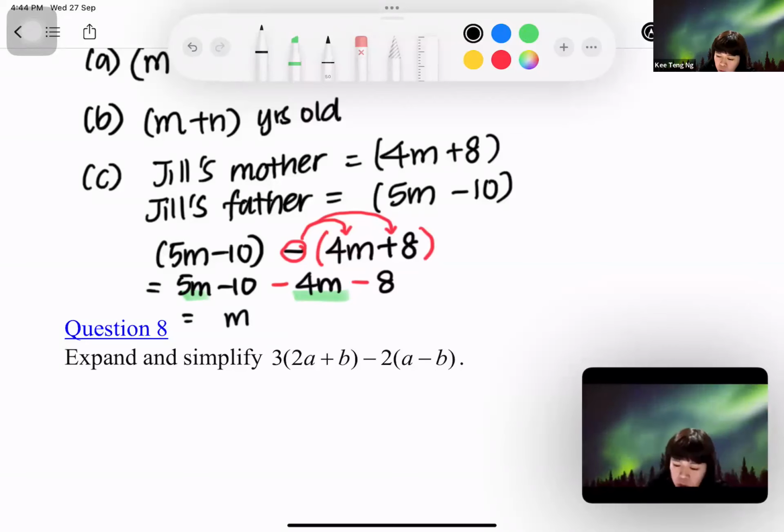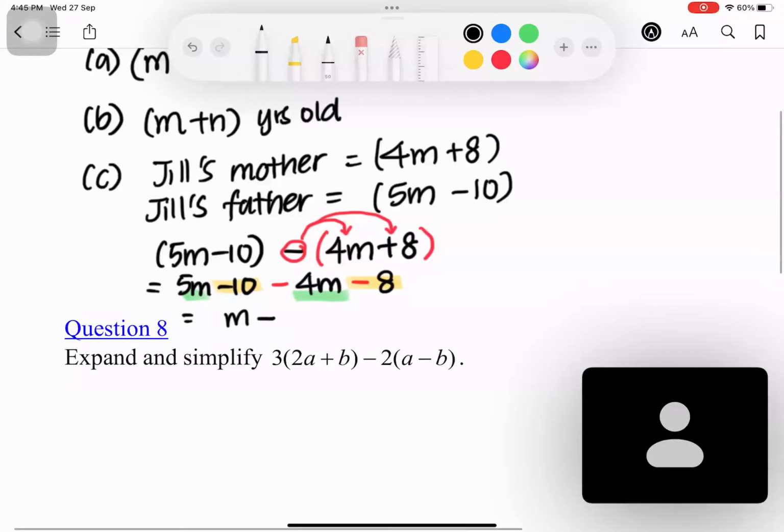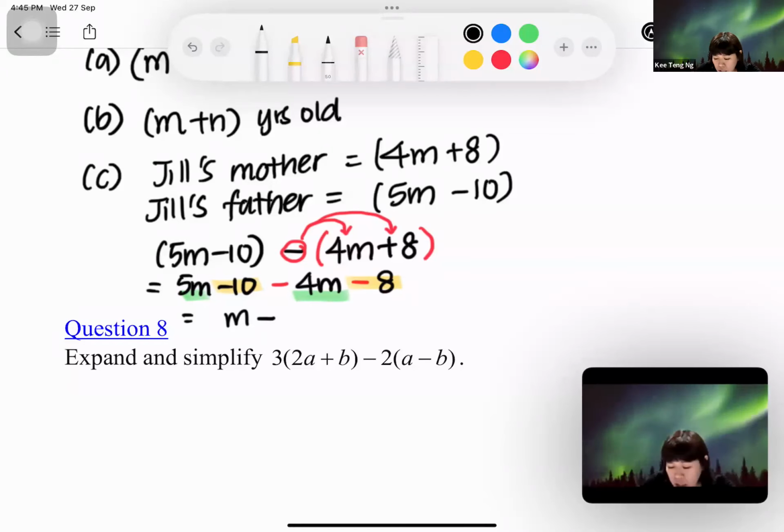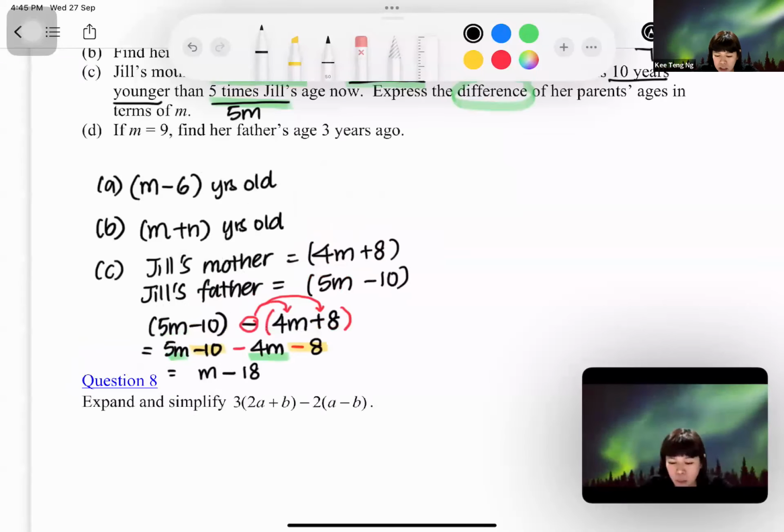Then the other part, can you do me the number at the back? Minus 10 minus 8. Use calculator, please, don't do mental sum. Minus 10 minus 8 is negative 18. So this one will be the answer for part C.